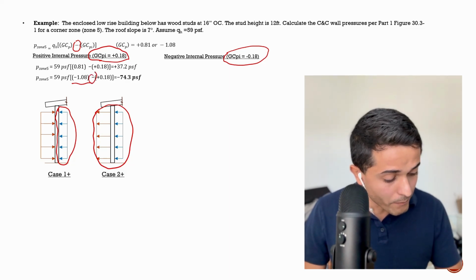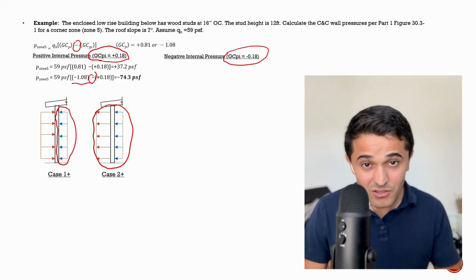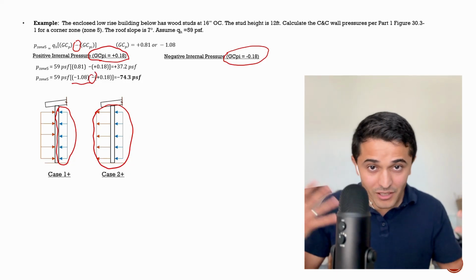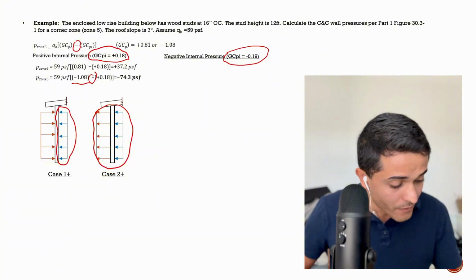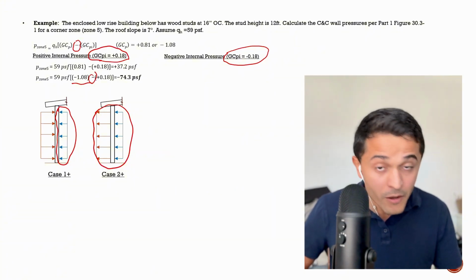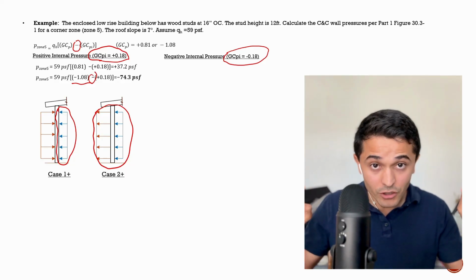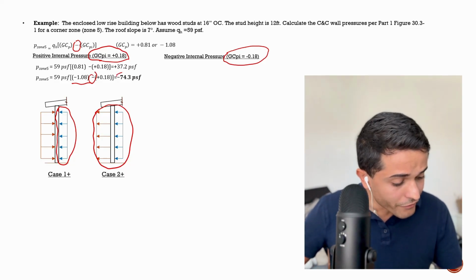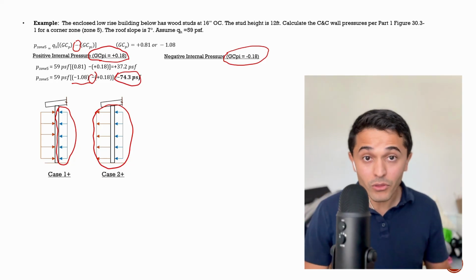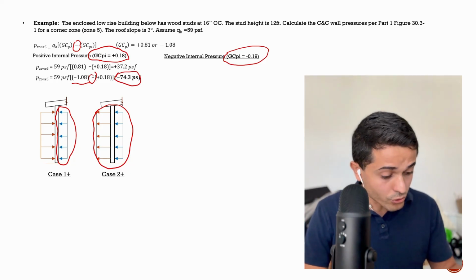Now, the negative embedded in the formula, like I said, is just so the vectorial math or addition or subtraction makes sense. And it does here, right? We have positive internal pressure, but then you end up with a net addition, and the final number is negative 74.3 PSF, which would be the controlling pressure here in this case.